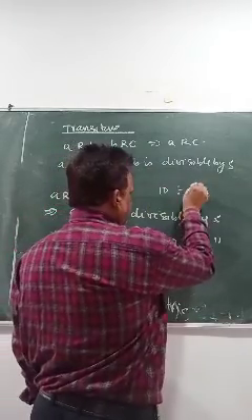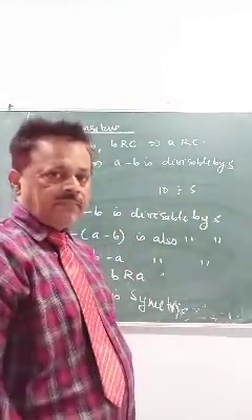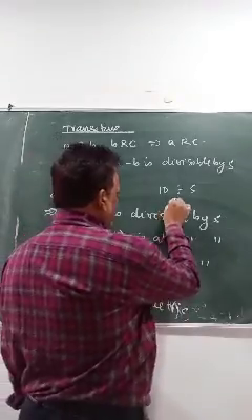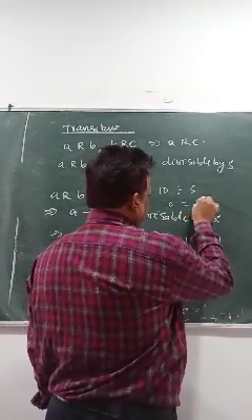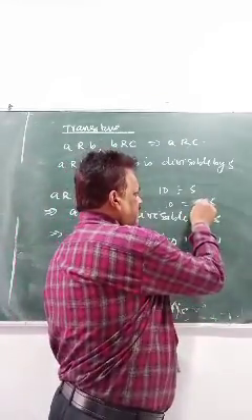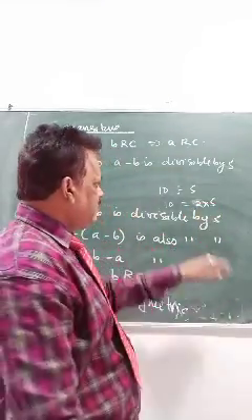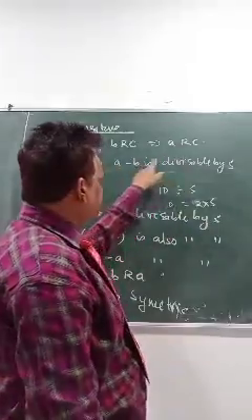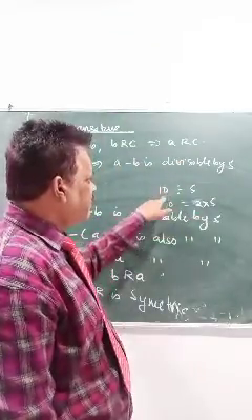10 is divisible by 5. Okay. So I can write 10 equals some constant times 5, that is 2 times 5. That means some multiple of 5 will come here. Divisible by 5 means this will be a multiple of 5.